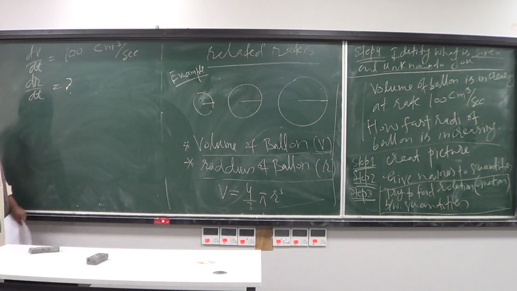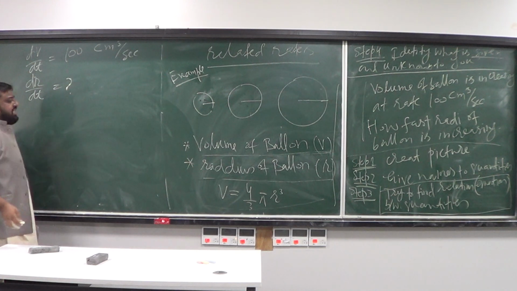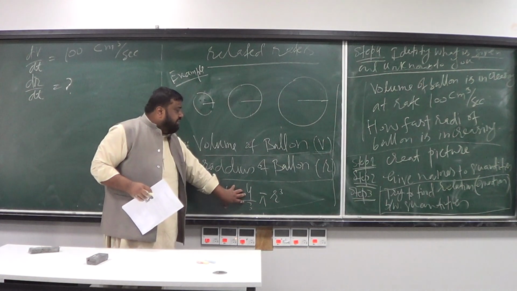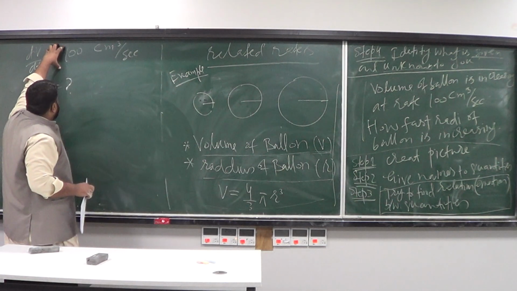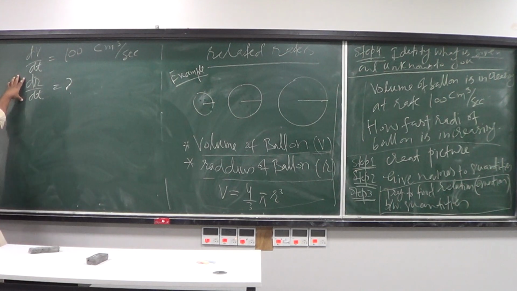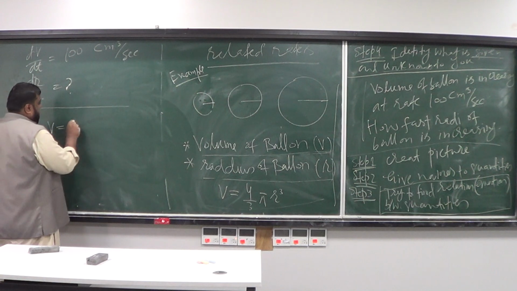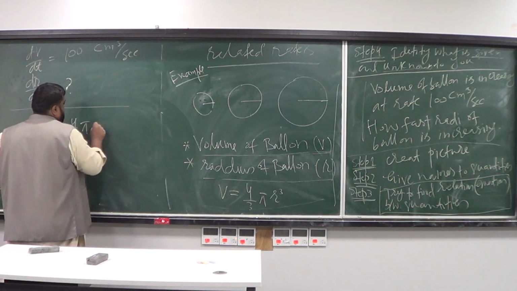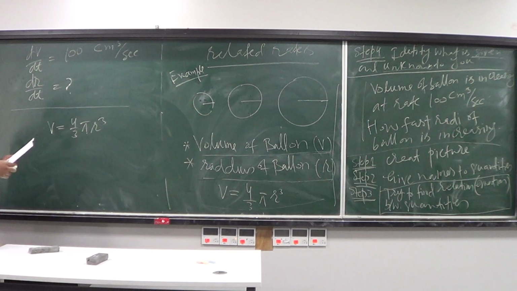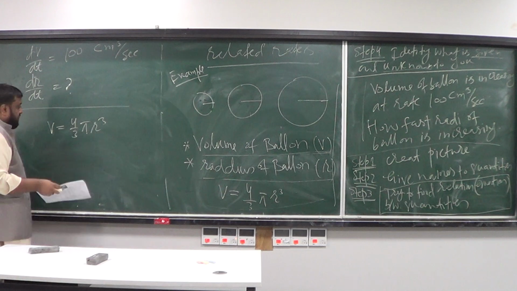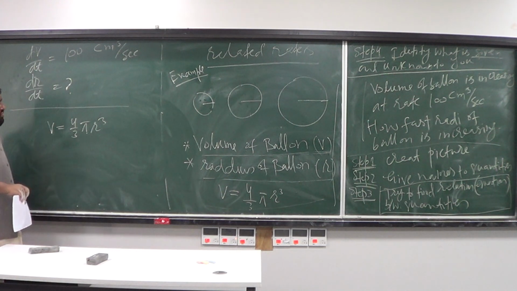And the last and final step is that, using this information and what is given to you, try to figure out this quantity that you need to know. So let's do it. What should we do? If V is 4 upon 3 pi r cubed, the question is what would be the unknown quantity.